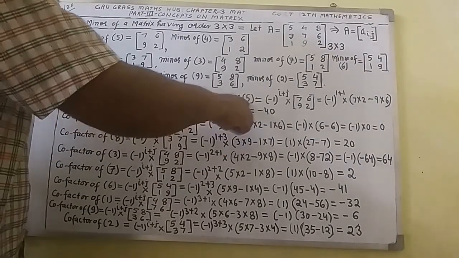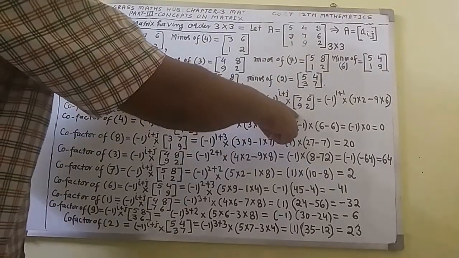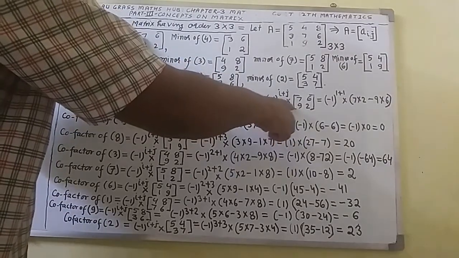The minor of element 5 will get multiplied here.